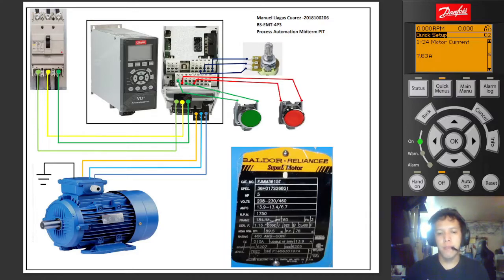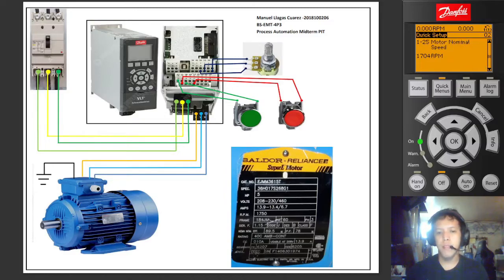We're going to multiply 6.7 times 1.15, so 7.70. We need to set it at 7.70. We press OK, and we press down.